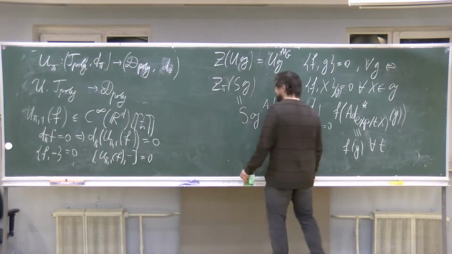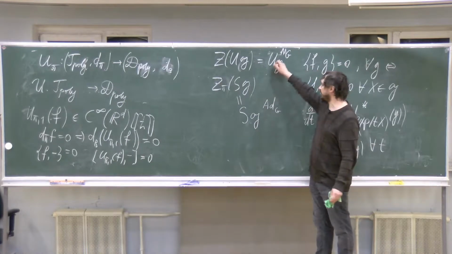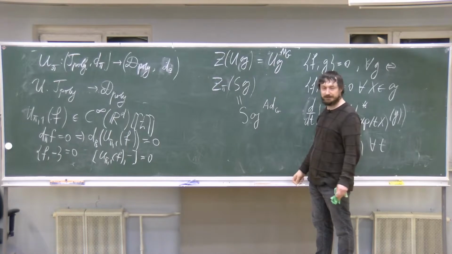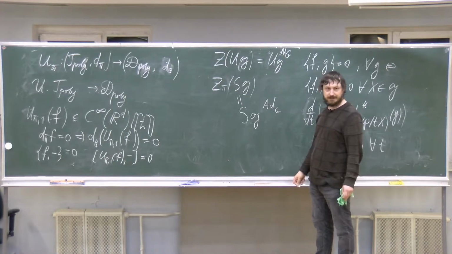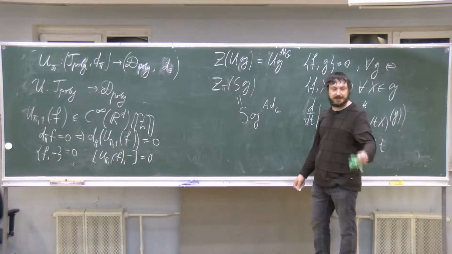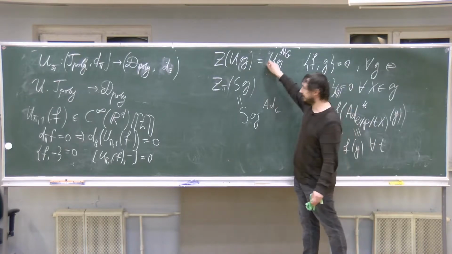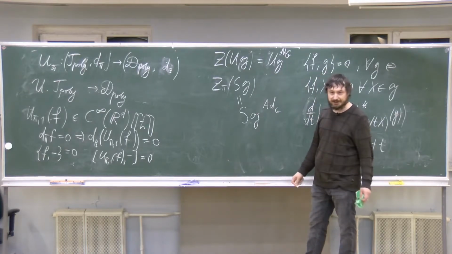And of course, it is interesting to see. Of course, so they are linearly isomorphic. These two spaces are linearly isomorphic. And actually, the standard symmetrization map sends this space into this, just because it intertwines the action of the Lie group.